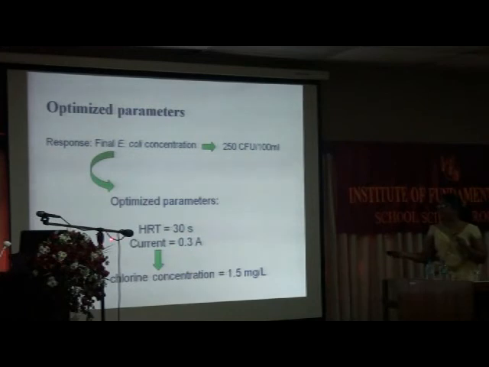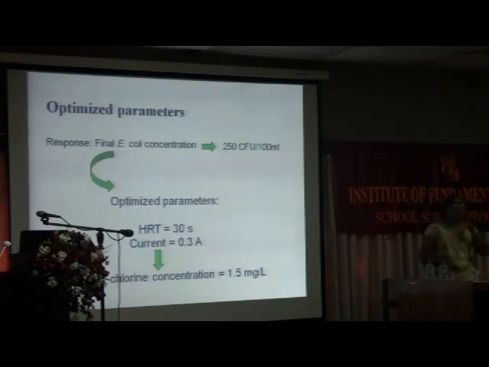Then the next question is how much energy you have to apply. The current was only 0.3 ampere. Finally, my technology ends up needing only 0.001 kilowatt-hours, so 0.001 units, to treat 1 cubic meter of ballast water. Now you know your electrical bill, right? So it is 0.001 units per 1 cubic meter.